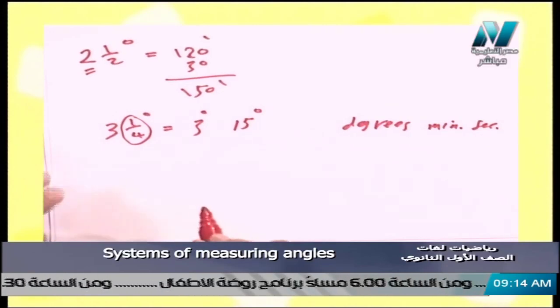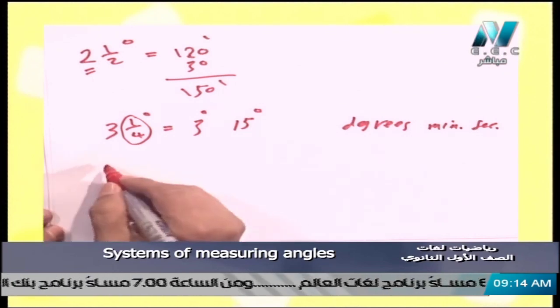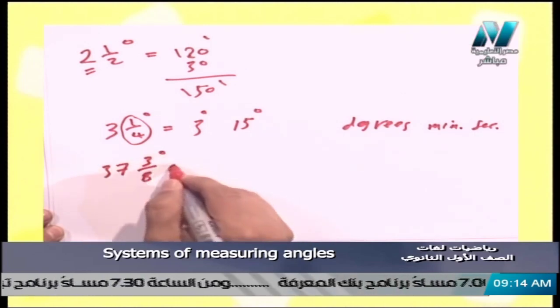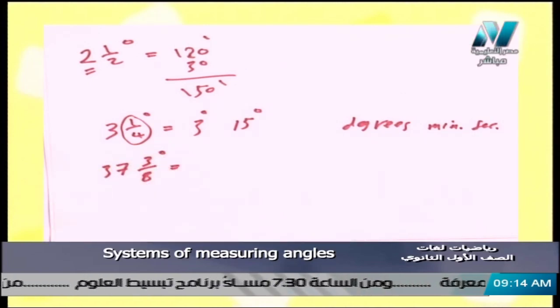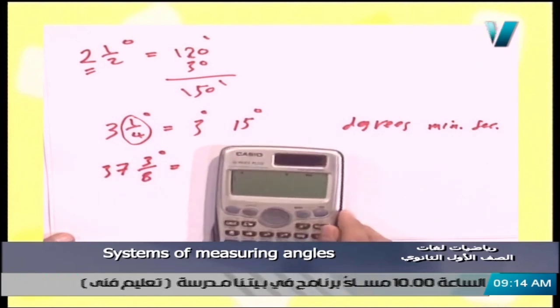Okay? And if we have another example, if we have 37 and 3/8 degrees, and we would like to convert it to degrees, minutes, and seconds, we can use the calculator here.